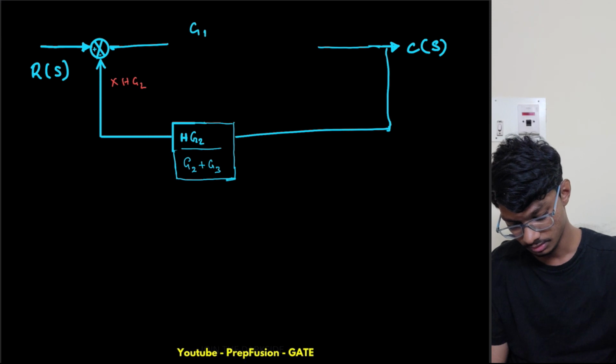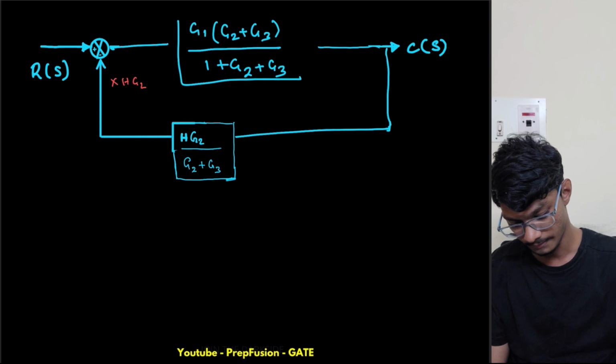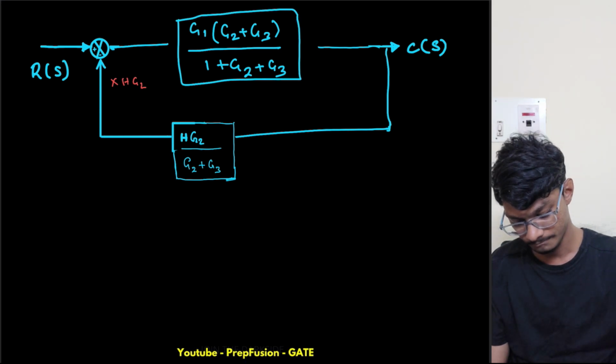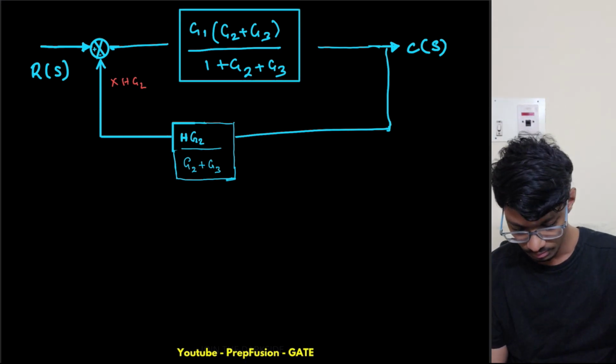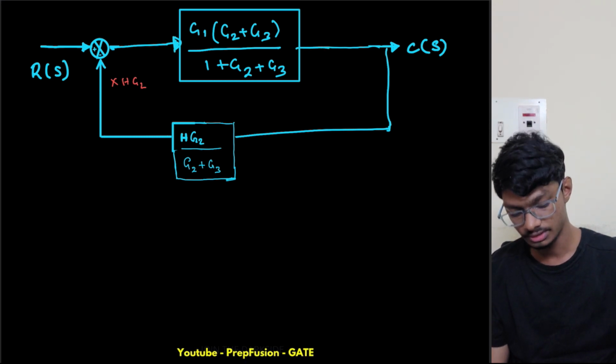This will be G1 times G2 plus G3 divided by 1 plus G2 plus G3. Okay, so this is simply the single gain block.